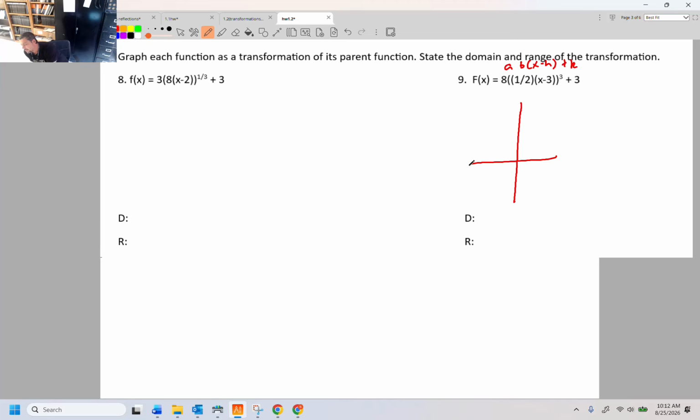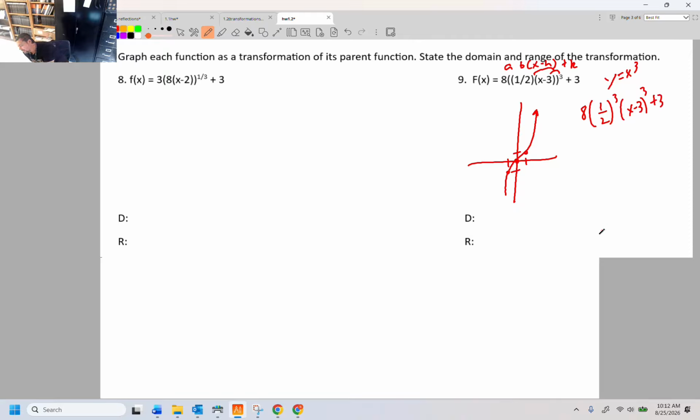Anyways, we're supposed to graph each function's transformation of its parent function. So let's talk about mama first. Mama is y equals x cubed. Mama contains 0, 0, 1, 1, and negative 1, 1. And she looks something like that. And we're going to modify this thing. We're going to use that distributive property of exponents. So we have 8 times a half that gets cubed times an x minus a 3 that gets cubed that we won't do anything with because it's exactly the way we want it to be.